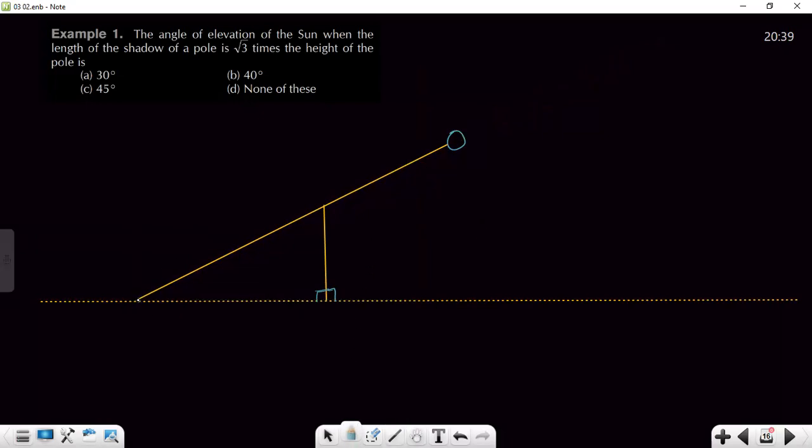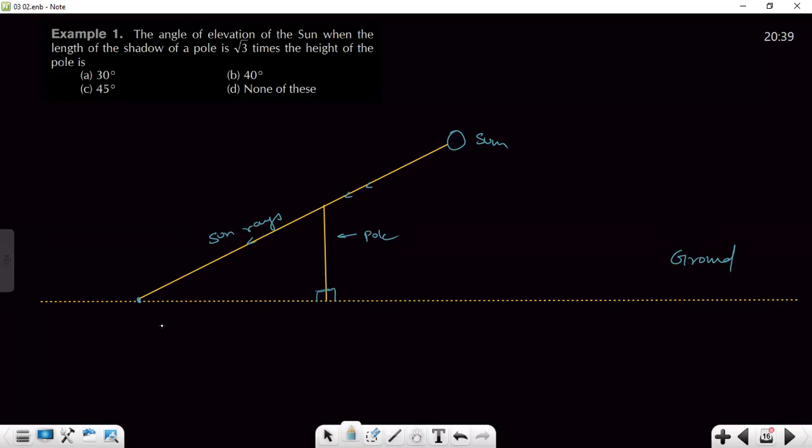And this is where the shadow of the pole is coming. Is this point clear, how I have drawn this particular line? Should I repeat?